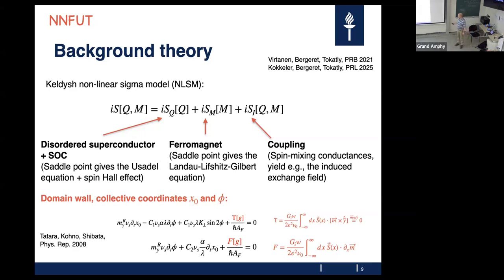Now, on top of this, you need to assume that there is a domain wall in the system. So you describe collective coordinates of the domain wall, namely the position of the domain wall, and then a conjugate, which is the out of plane phase, and they have their dynamics, and actually the black parts of these equations are known since I guess the 1980s already.